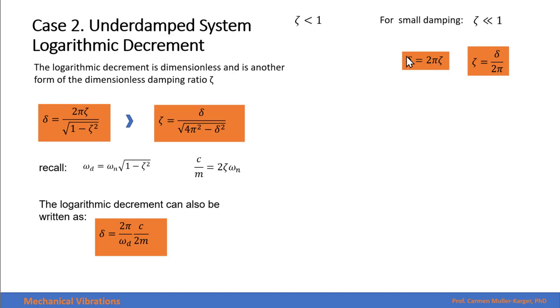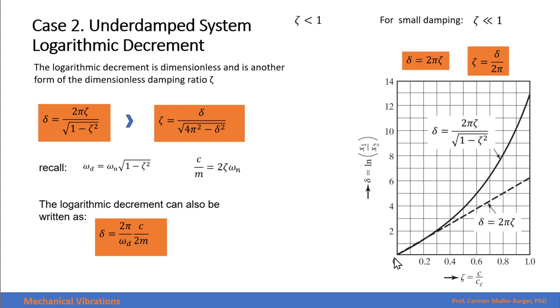So this is a proportional expression. As you see here, for small values of zeta, this is linear, but as soon as the values of zeta increase, this becomes non-linear, and then we have to use the expressions that we used for our example in the previous slide.